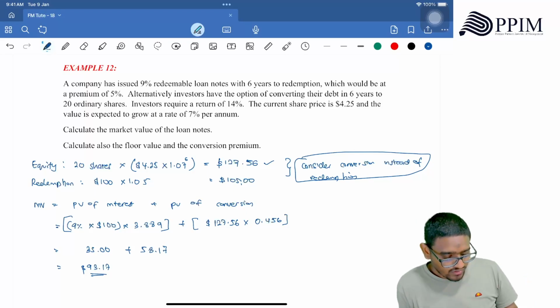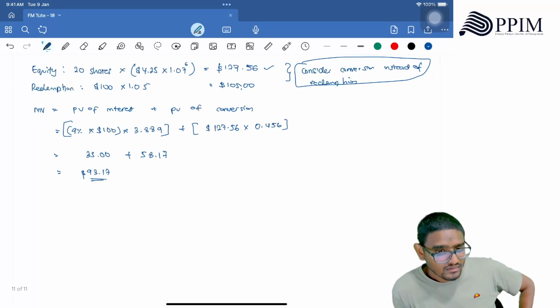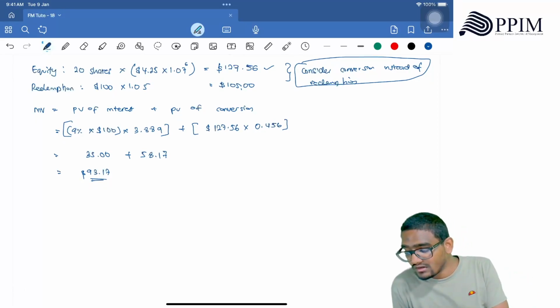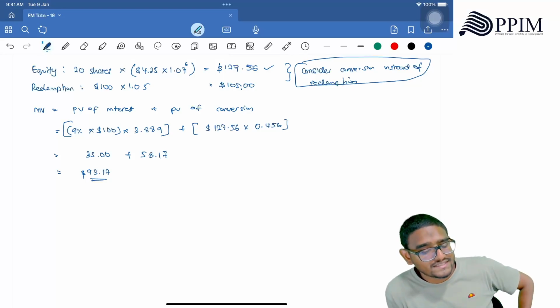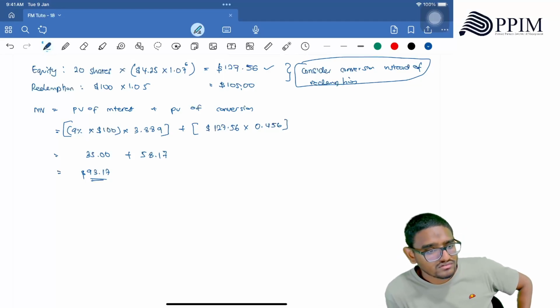Okay, now calculate the flow value and the conversion premium. Now flow value, you should have it based on what you said, right? You didn't consider the conversion, you considered redemption. That's your flow value, no? What is the flow value now? 35.